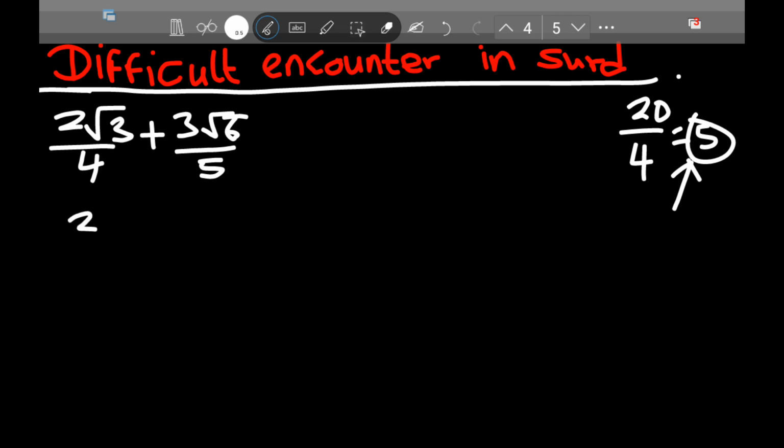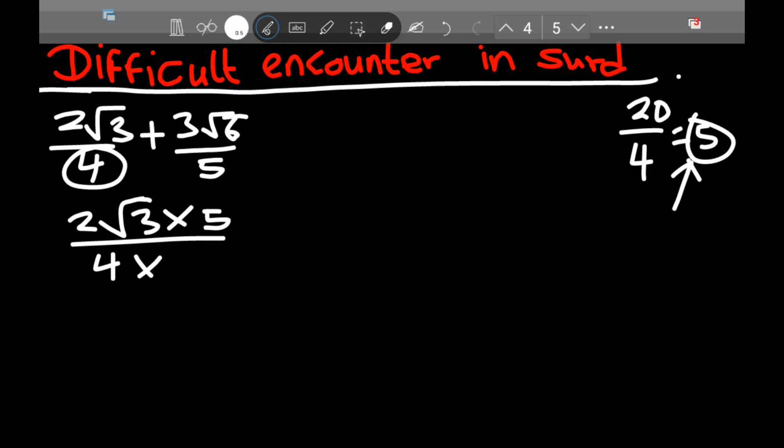So you get 2 root 3 multiplied by the quotient 5 over, now you use the 5 at the top, you want to use it below as well. Multiply this 4, the denominator, by the same 5. So that is 4 times 5, plus.